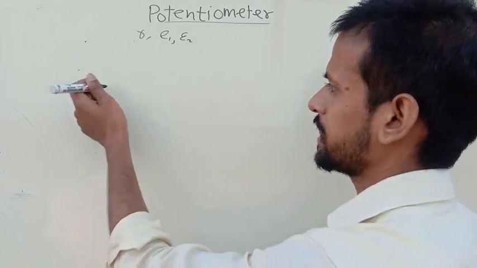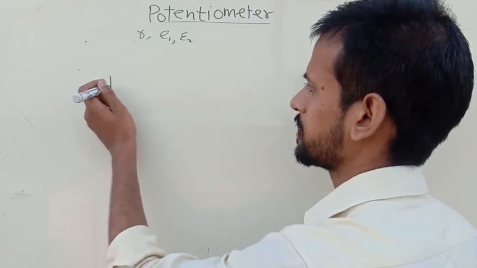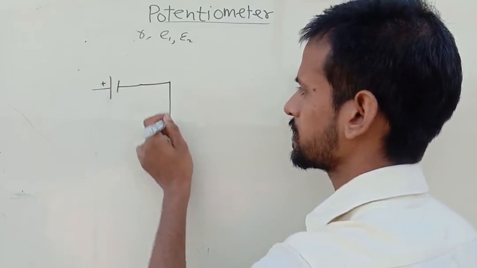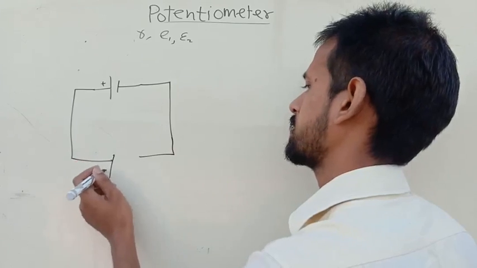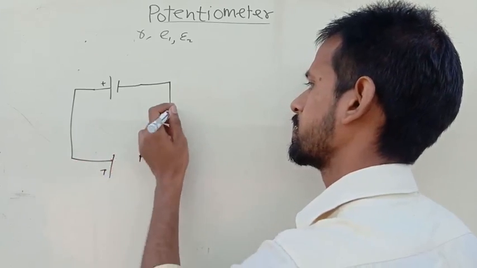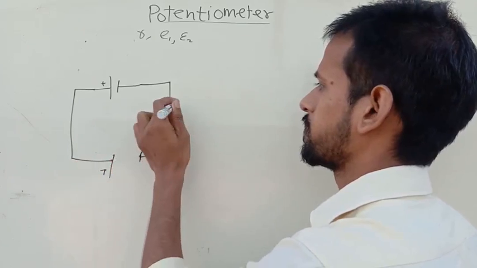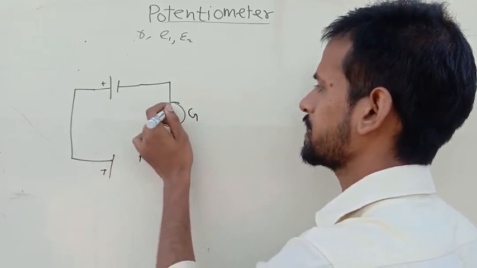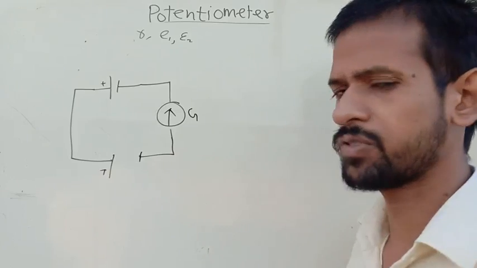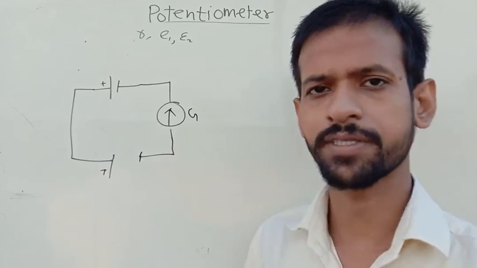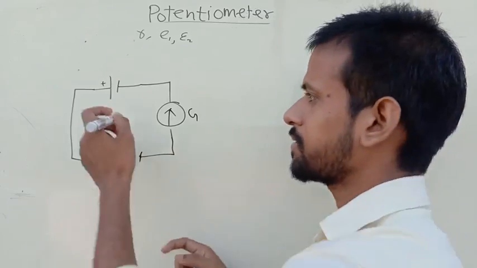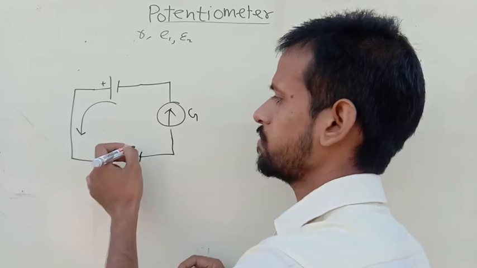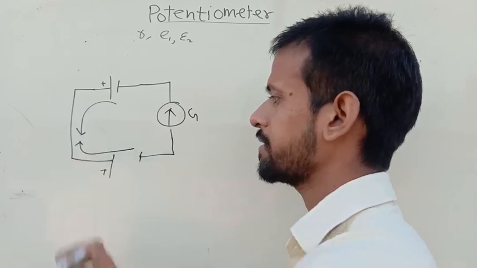Now let us consider this is a battery, plus, and this is also plus. Here we connect a galvanometer, which shows the deflection when current is flowing in this. Now for this battery the direction of current is this, and for this battery the direction of current is this.